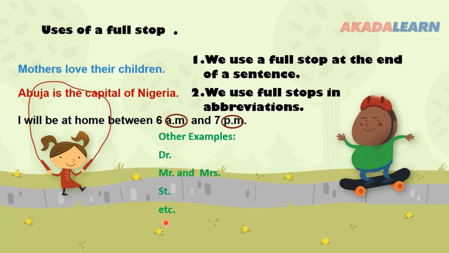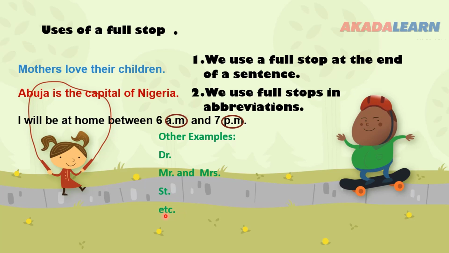And the last example we're looking at is etc., full stop. Etc. is used in the English language when you have a long list of things, but you don't want to name everything. For example, if someone asks me, name all the colors in the world, and I go, we have red, orange, yellow, blue, and then I say etc. Okay, I end it by saying etc., full stop.